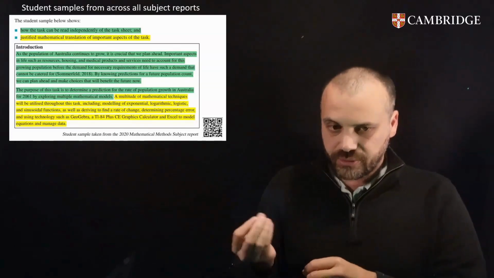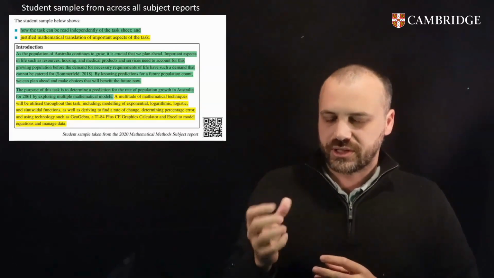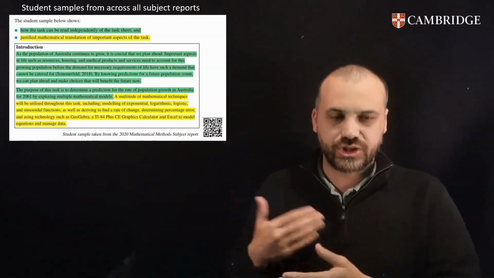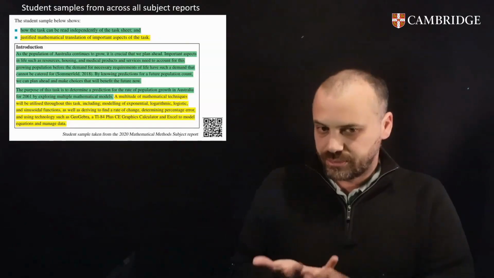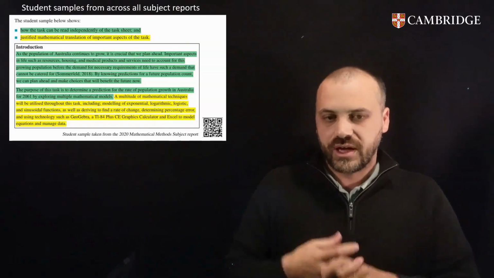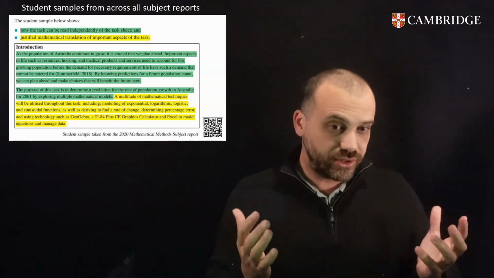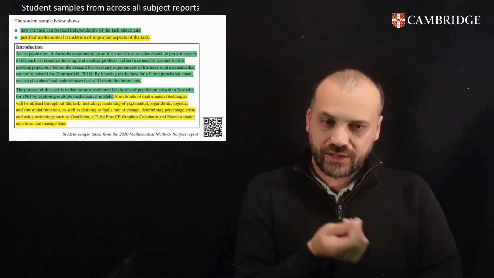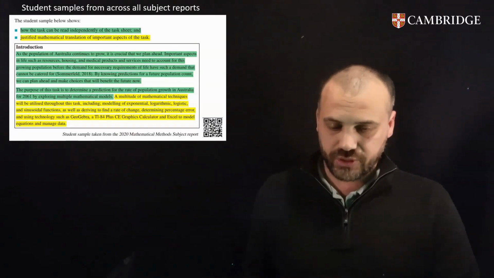So I've grabbed some from general, some from methods, some from specialist, so that they can see what I think are the best examples of each thing: the best examples of observations, the best examples of assumptions, the best examples of how to evaluate the reasonableness of your solution, that kind of thing. So super excited about putting all of that in there. I think it is a valuable resource from the QCAA that we don't always get time to engage with, so it's all there for you.